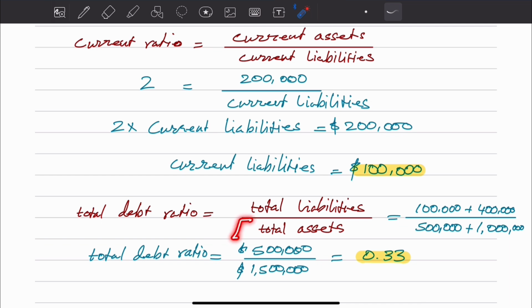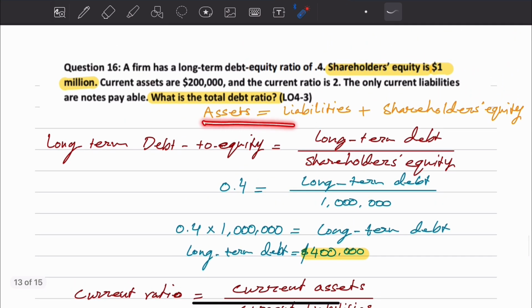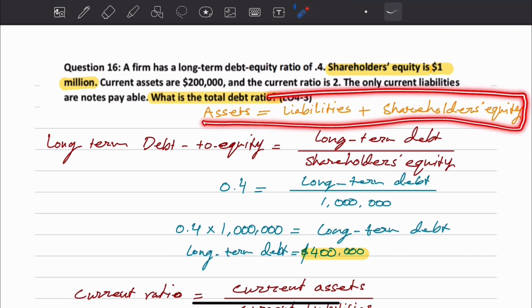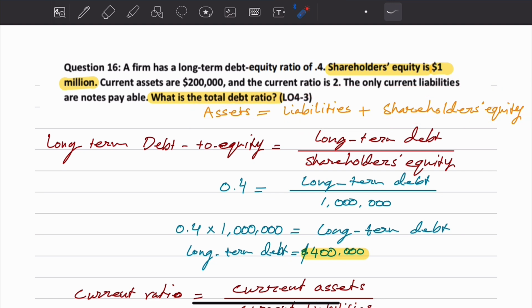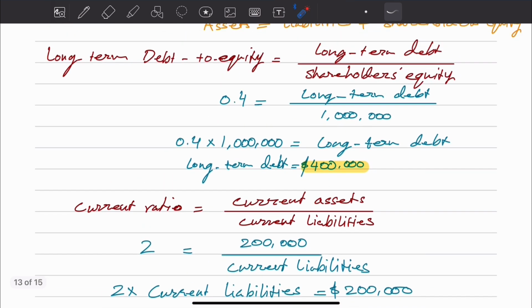For the bottom, for the total assets, we have no way from the data given in the question to find the total assets directly. But we know from the basic accounting equation that the total assets of a company equal its total liabilities plus its shareholders' equity. And we know this from what we have calculated right here, these two together.